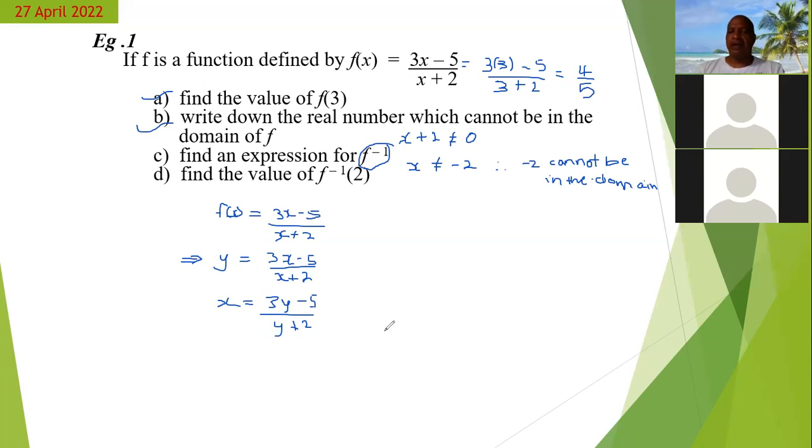All right. So if we are going to make y the subject here, it means that we will have to rearrange this equation. But what you notice is that we have a y in the numerator on the right-hand side and a y in the denominator. Now, we cannot make y the subject unless we get y to be singular, right?